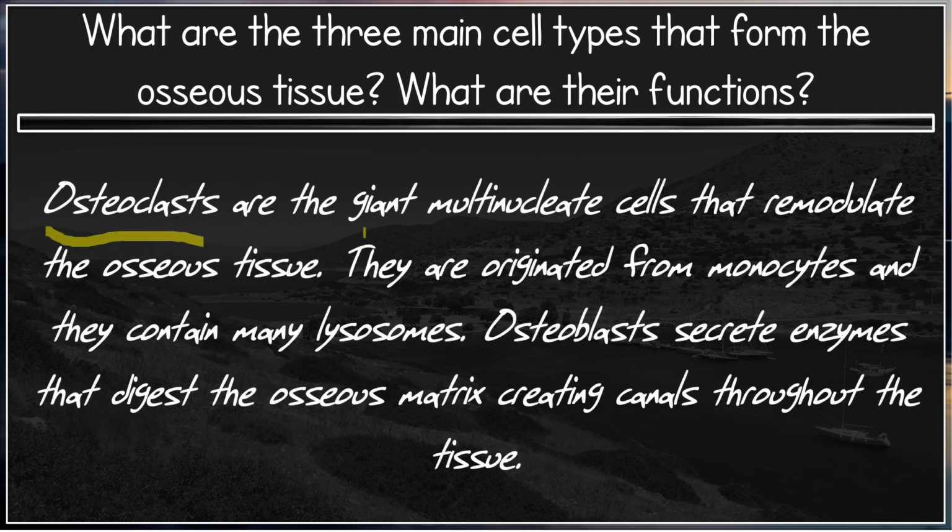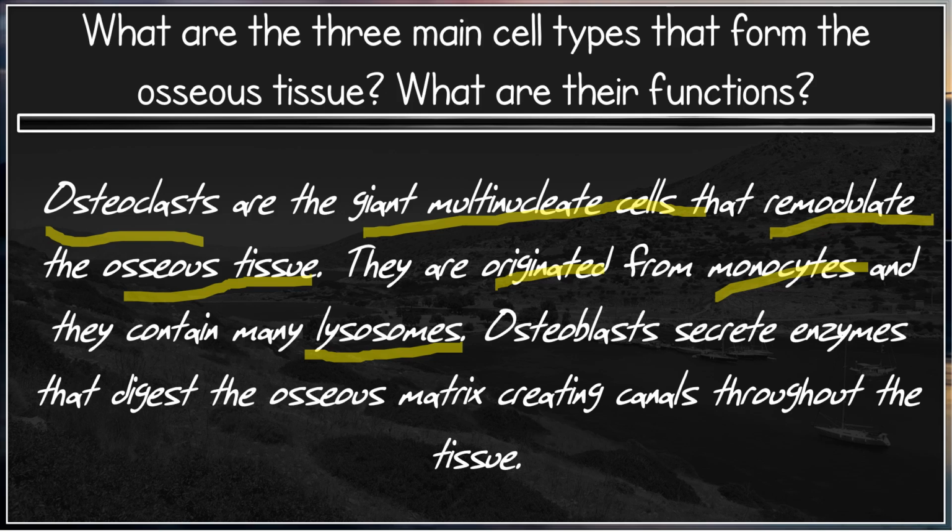Osteoclasts are giant multinucleated cells that remodulate the osseous tissue. They originate from the monocytes, and they contain many lysosomes. Osteoclasts secrete enzymes that digest the osseous matrix, creating canals throughout the tissues.